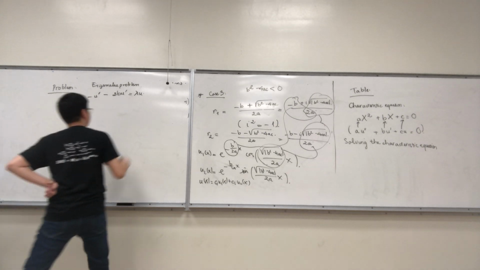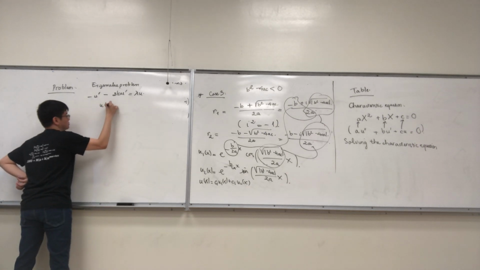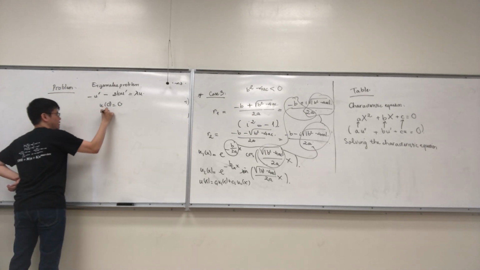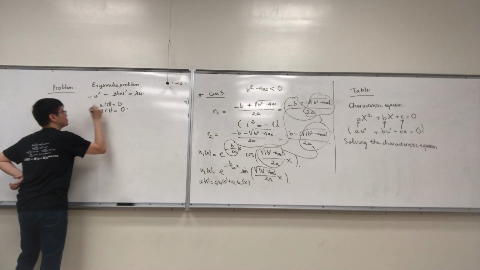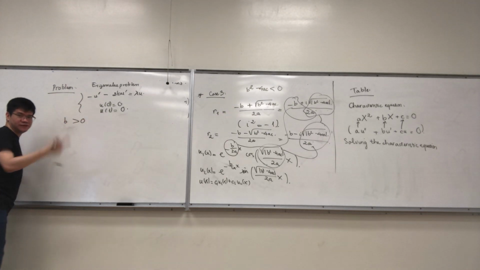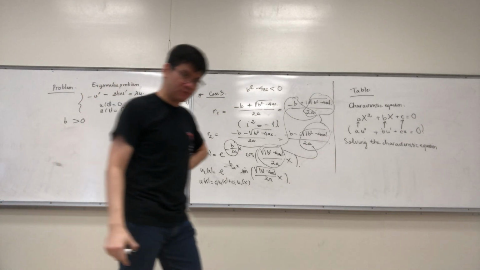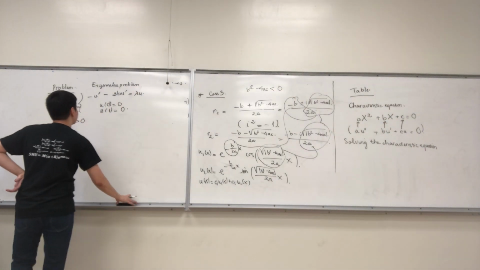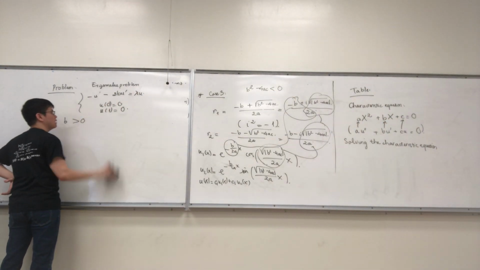Alright, so you have u(0) is 0, and then you have u(1) is 0. So b is a positive constant, any positive constant that we have. Alright? So we're going to try to solve this one.